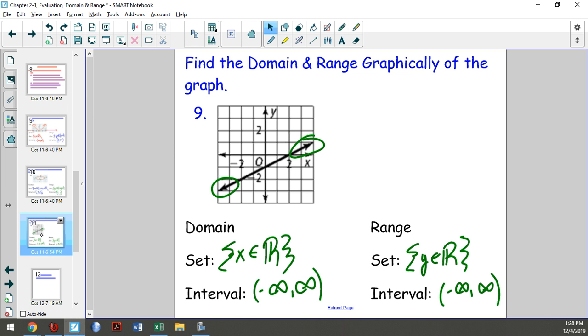Problem number 1 through 8. You write it, plug and chug, and write it as an ordered pair. Problems 9 through 17. You are going to do domain and range exactly the way we did it in class. Okay, circle these problems.